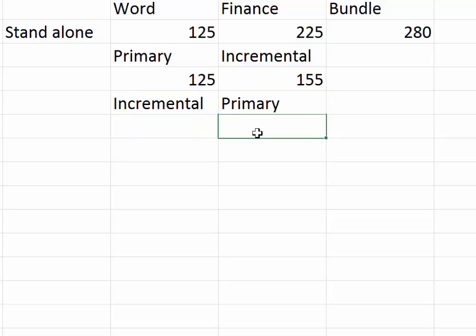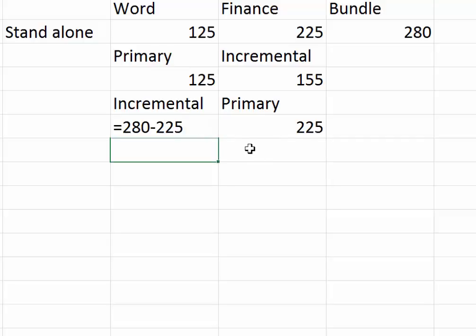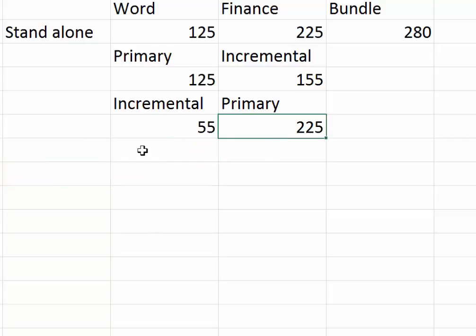For Finance, I will make sure I satisfy the 225 standalone revenue, and whatever is left in the bundle revenue will be given to Word. So I will use 280 minus 225. Now you have 55 and 125. That's basically the incremental revenue allocation method.